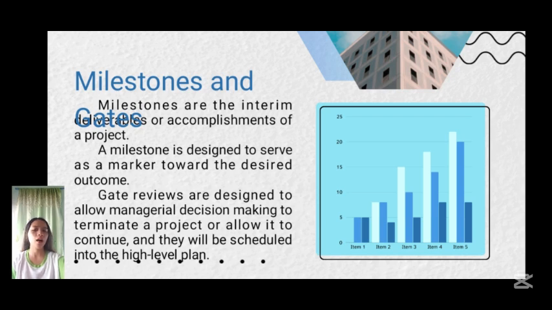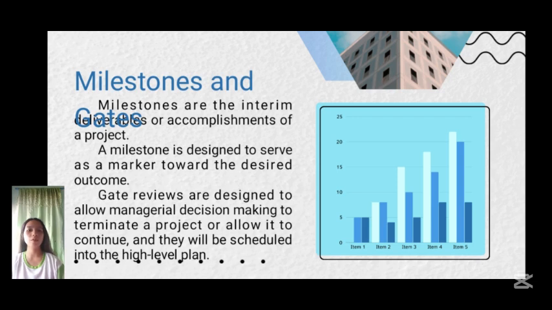Gate reviews, on the other hand, are the formal decision points where the project's progress is assessed. Based on the review, the stakeholders decide whether to continue, modify, or terminate the project. So, gate reviews are integrated into the project's high-level plan to allow timely decision making.